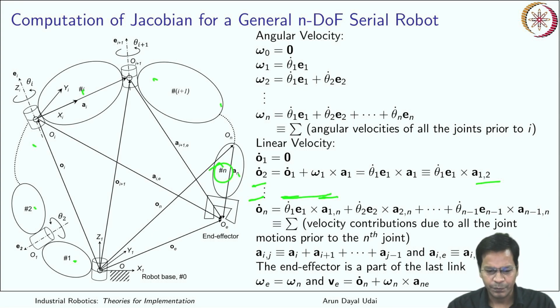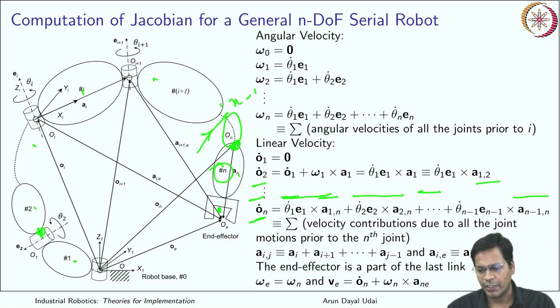The second term is from here till the nth frame: 2 to n, similarly 3 to n, 4 to n, finally n minus 1 to n. You must be having a link prior to this, which becomes your n minus 1 frame, to n. So that also will come when you consider till n.